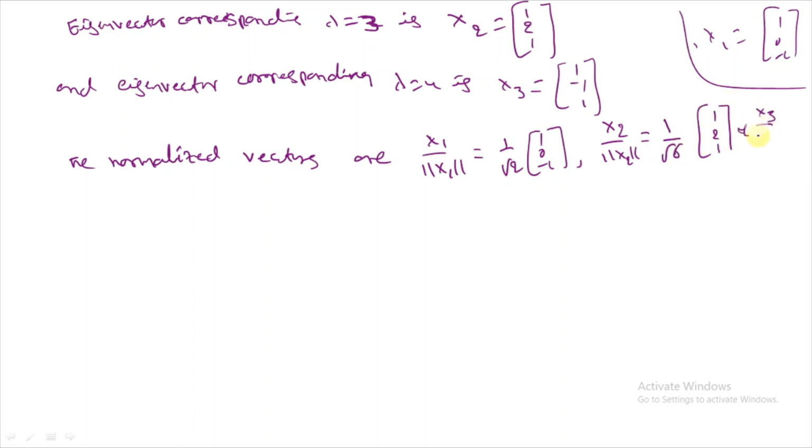And x3 by norm x3 is 1 by root 3 times 1, minus 1, 1. These are the normalized vectors, orthonormal eigenvectors.